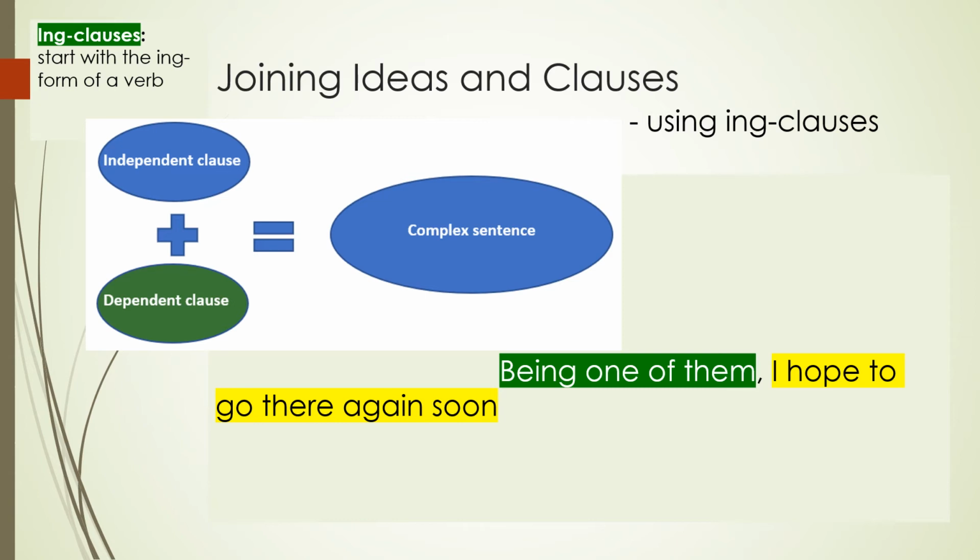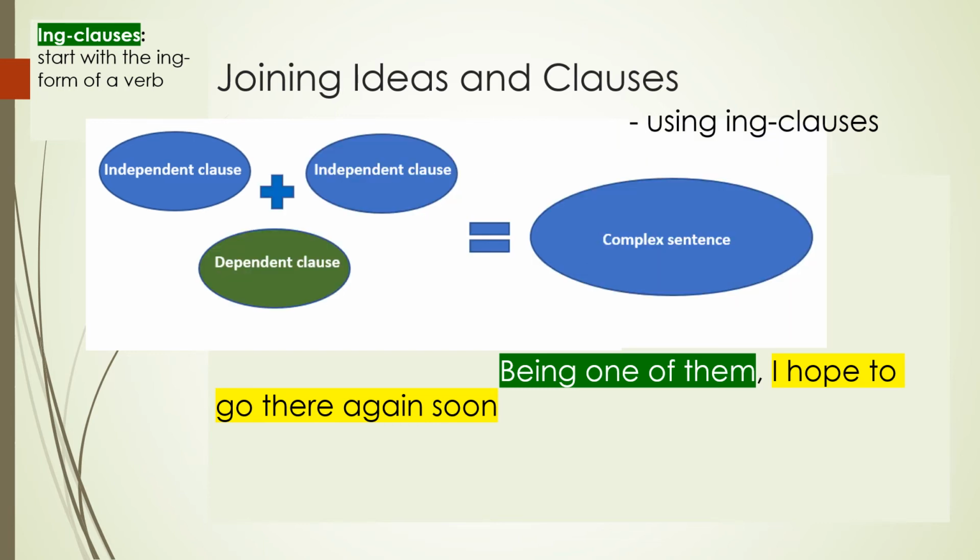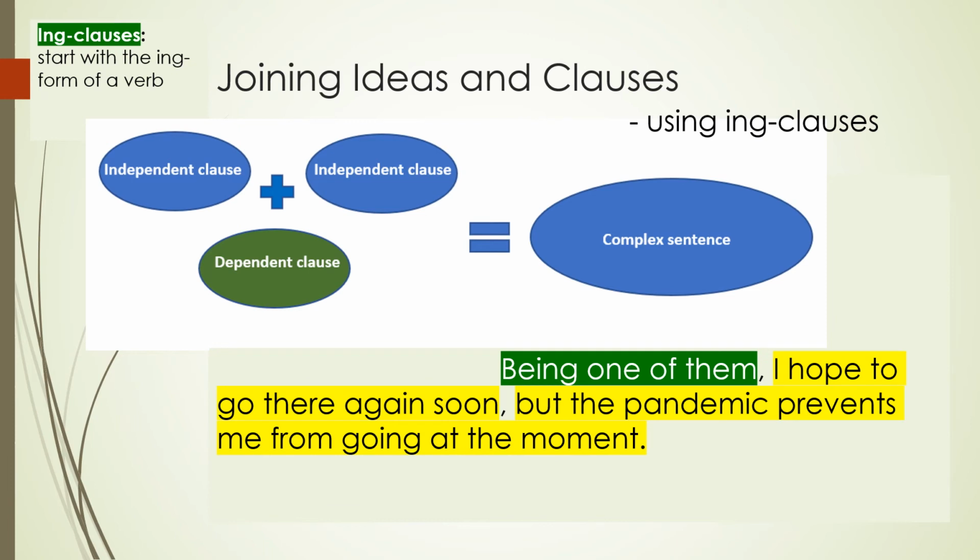Actually, the last part here, or the second clause, was part of a compound clause because there were two independent clauses, and together with the -ing clause, the dependent clause, they form a complex sentence.